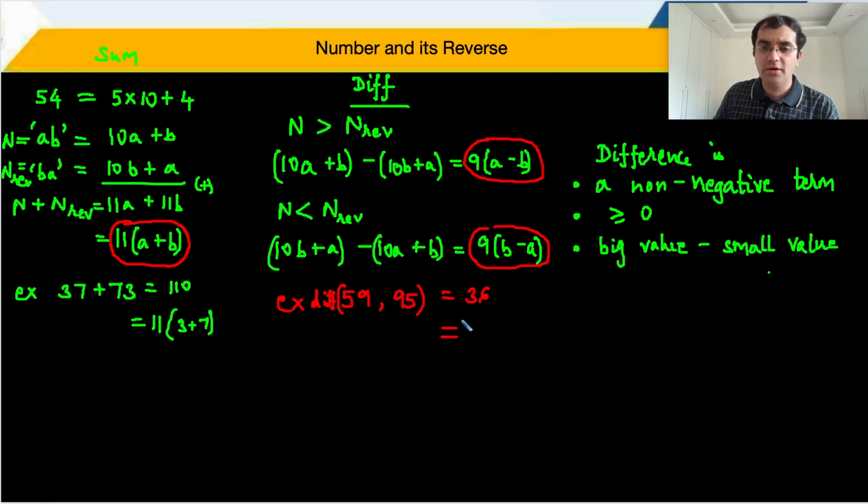And then we check, we have written a certain result that it should be 9 into, now your reversed number is bigger, so for 59, 95, is it equal to 9 into 9 minus 5, b minus a, which is 9 into 4. So therefore you are getting the result that the theory is suggesting, right? So we took an example, we found out the value, and we checked that it is matching with the theory concept. That's it.